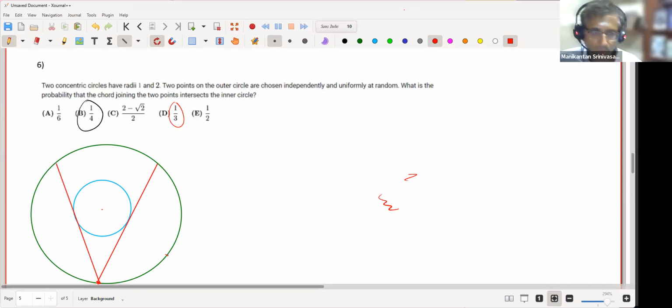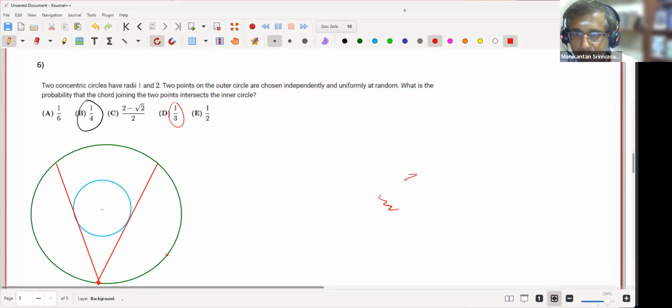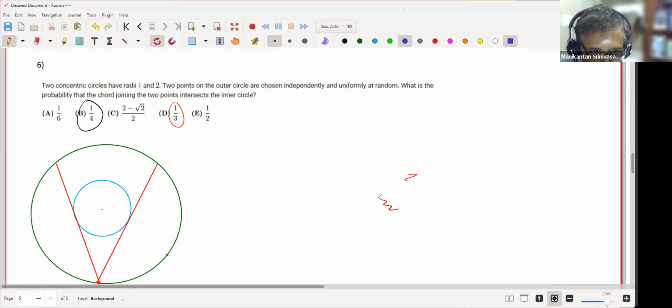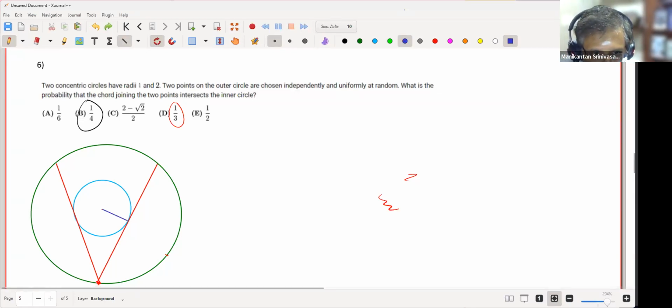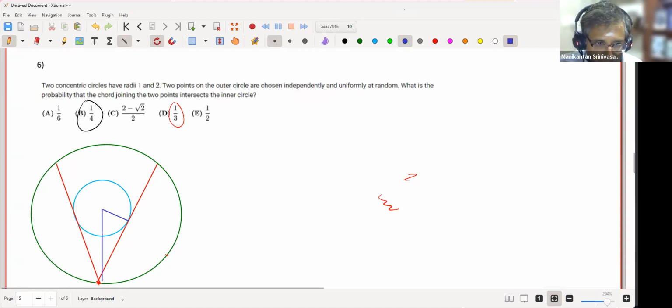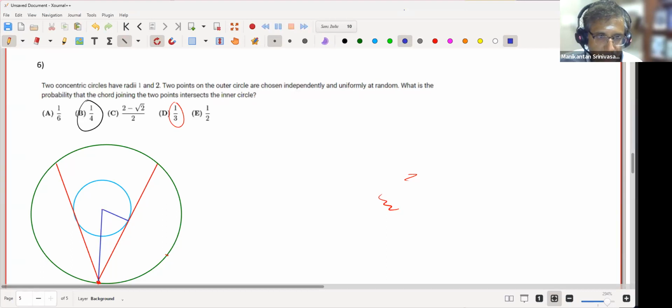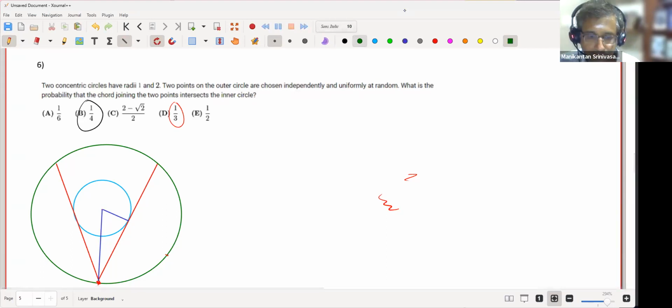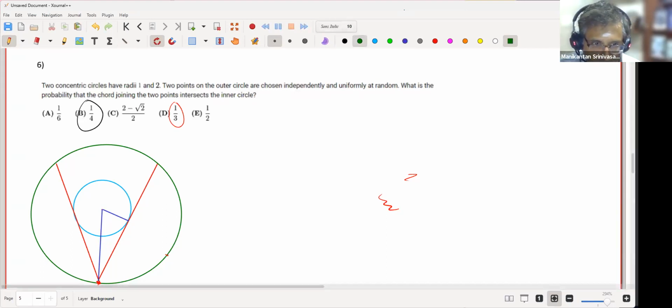Right. So now let's complete some diagram here. So if I obviously from the center, let me connect here. So that I have a tangential point. So this is 1. Okay. So I have the famous 1, 2, 3 wala logic, right? So this radius is 2, and this is 1, and this is 90.